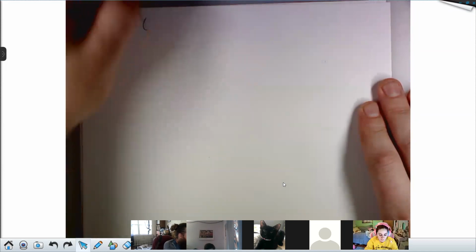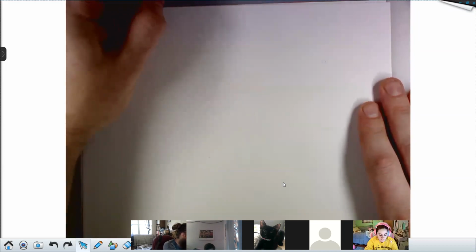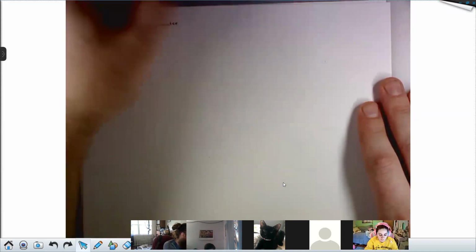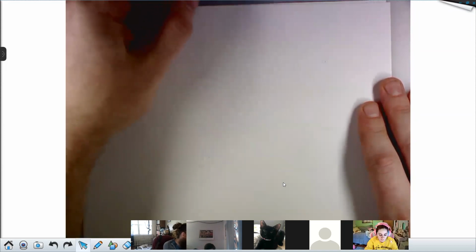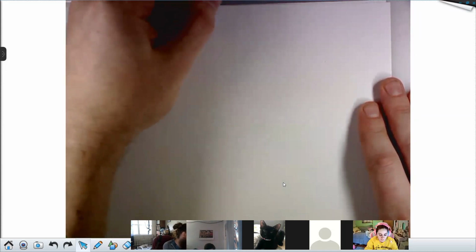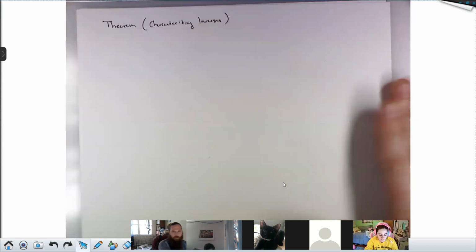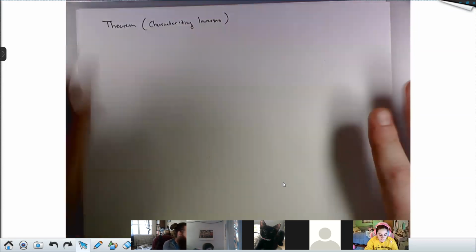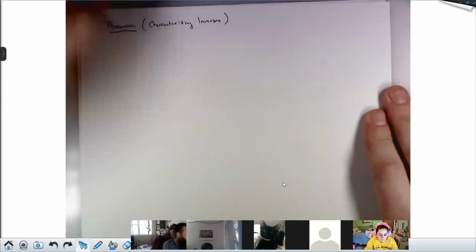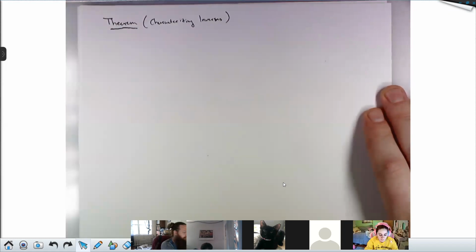This is a theorem characterizing inverses. Characterizing is a funny word. It's like an alternate definition of inverse, right? That's what characterizing means. It means it tells you everything you need to know about.